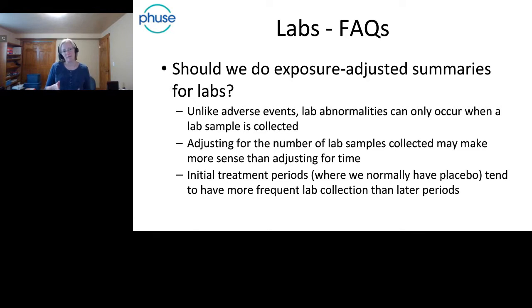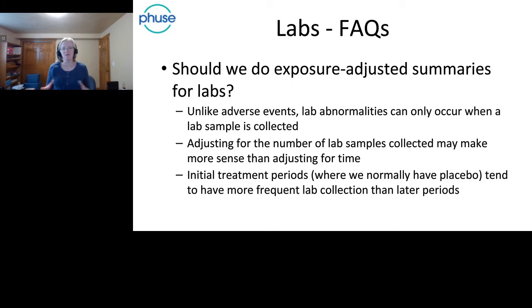Lab abnormalities can only occur at certain points of time when the sample is actually collected. So adjusting for the number of samples might be more important than adjusting for time. If we are trying to adjust for something, we might need to think in terms of samples instead of time. Adjusting for time doesn't completely do the intended effect.